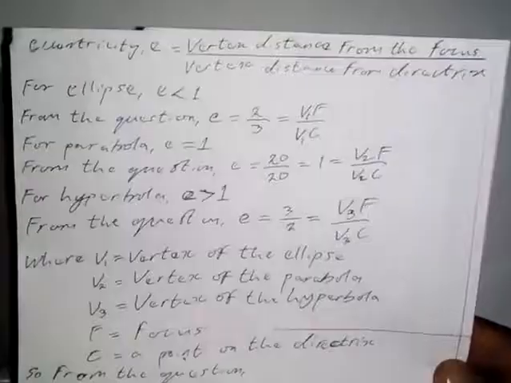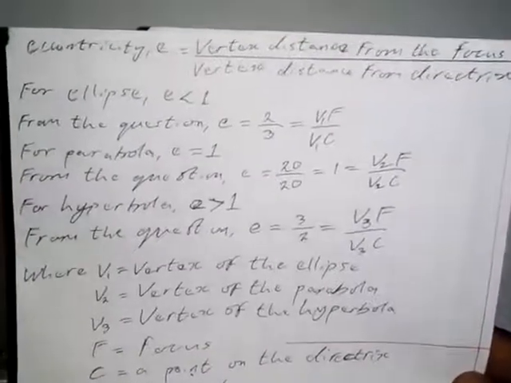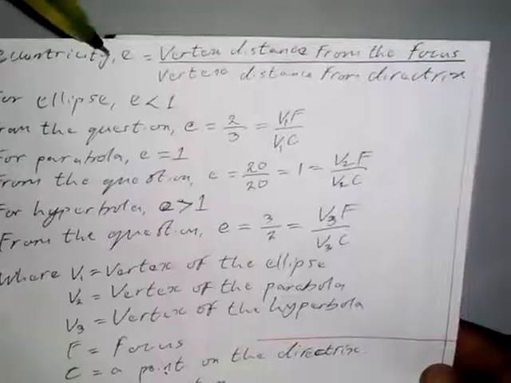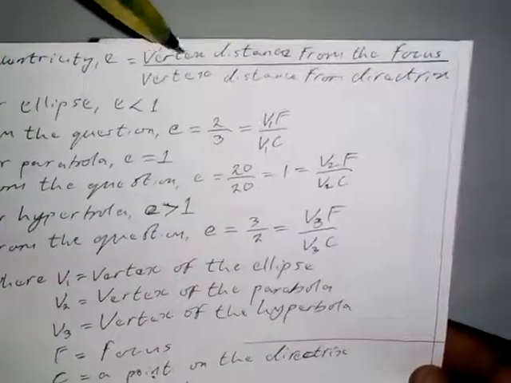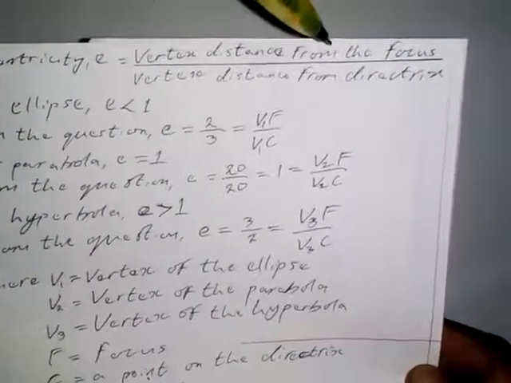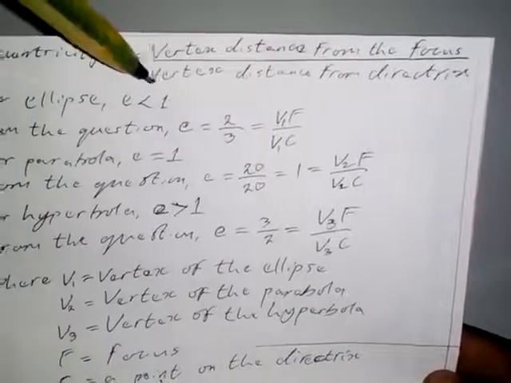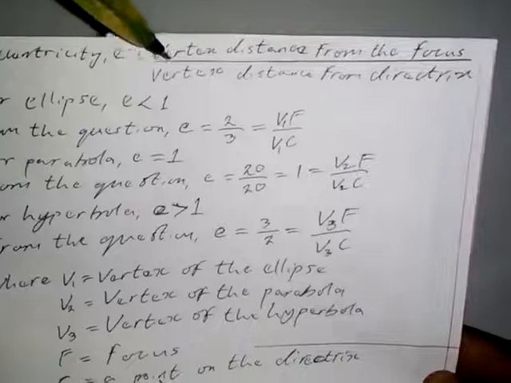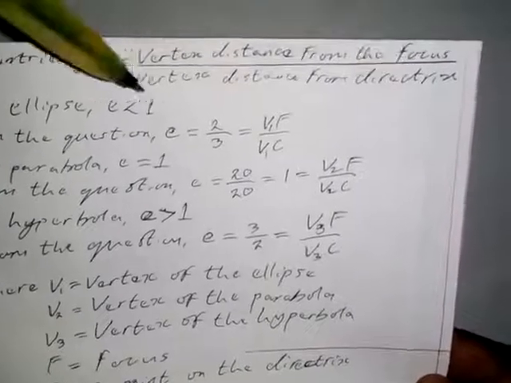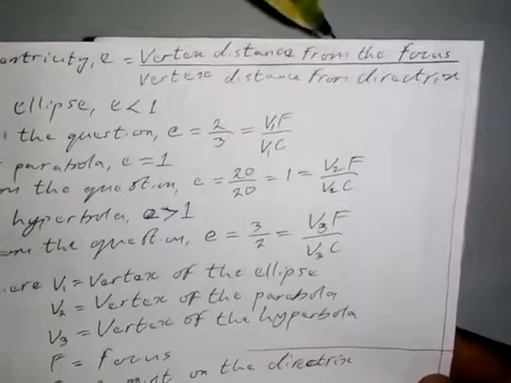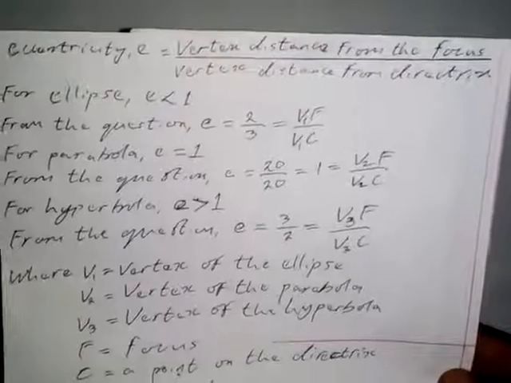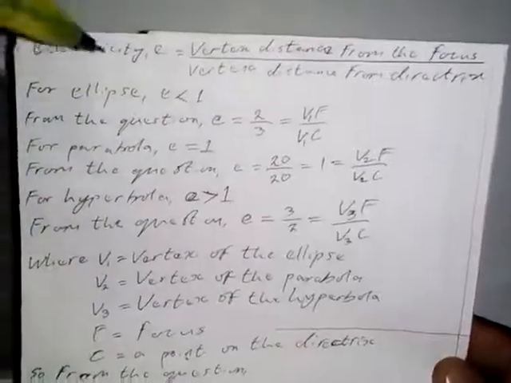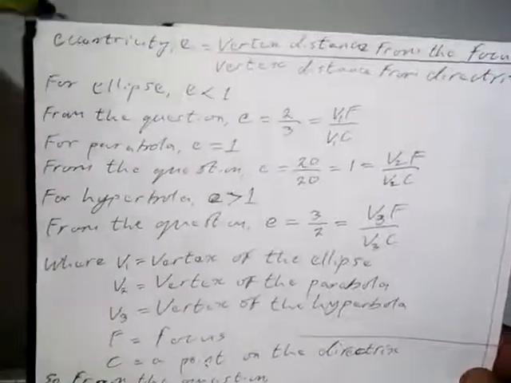Number 1 is that the eccentricity is the ratio of the vertex distance from the focus and the vertex distance from the directrix. That means eccentricity is equal to vertex distance from the focus over vertex distance from the directrix. So what is focus? What is directrix? I'm going to show you that when I begin to draw, but I need to explain some things here.